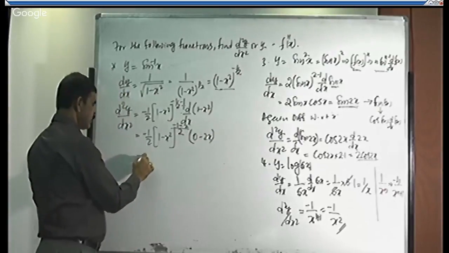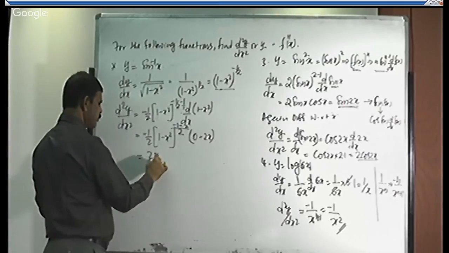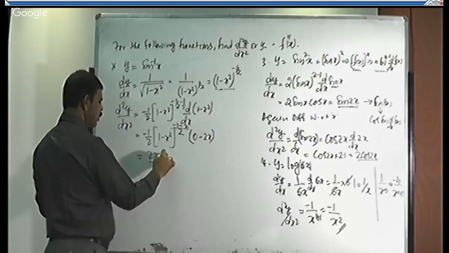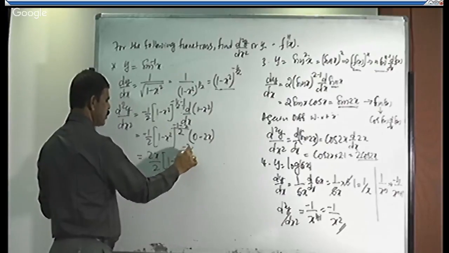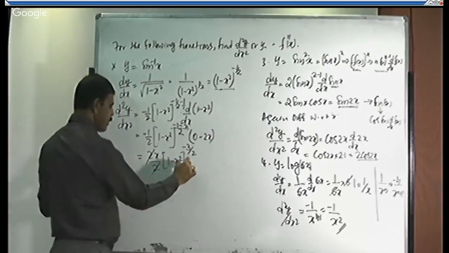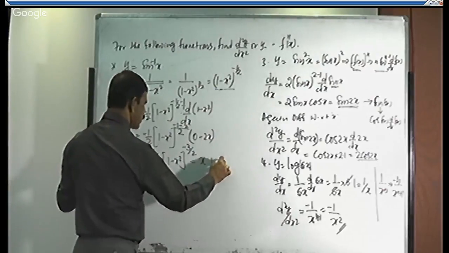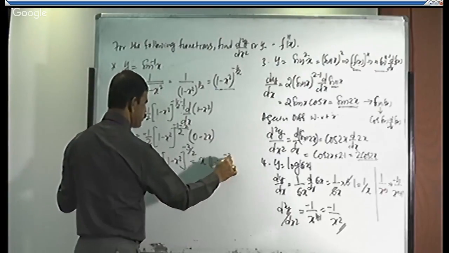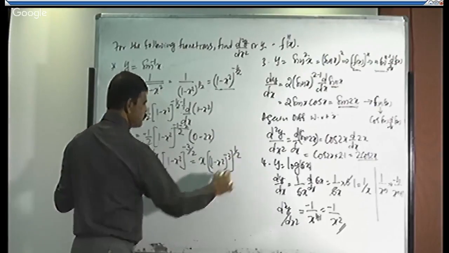This minus and this minus become plus: 2x divided by 2 into 1 minus x square all to the power of minus 3 by 2. So 2 gets cancelled. Right? X into 1 minus x square to the power of minus 3 by 2.